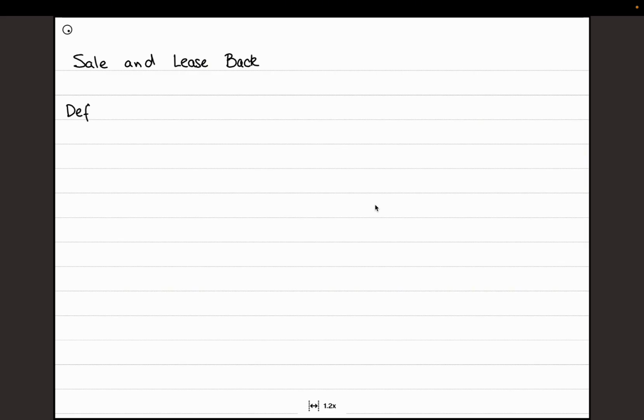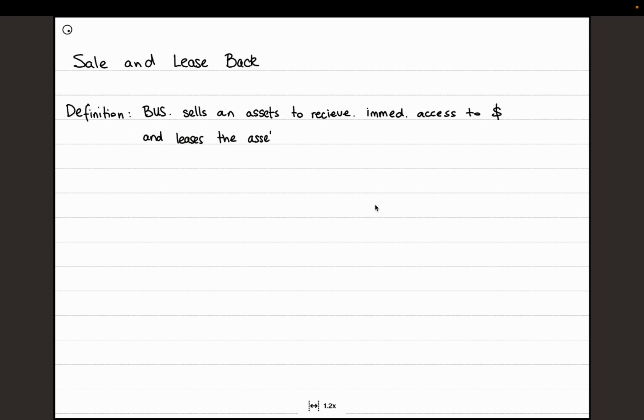So, the definition for sale and leaseback is when a business sells an asset to receive immediate access to funds, sort of just money, and leases the asset back to continue use.